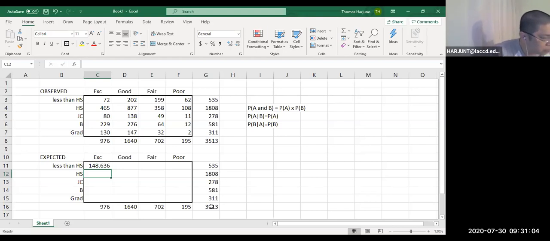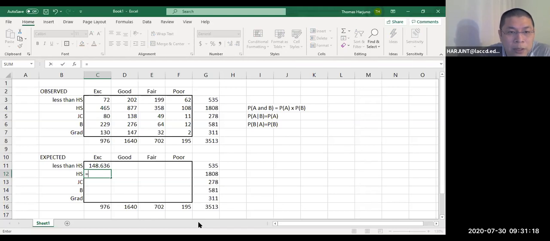Okay, think about it first. And the entry here will be this column total times that row total divided by the grand total.